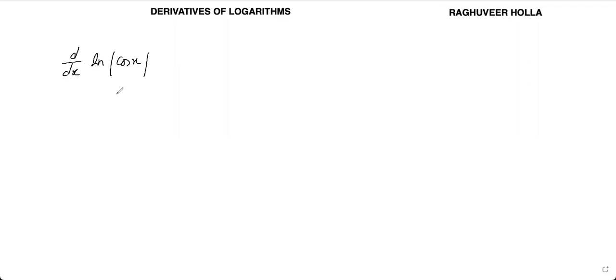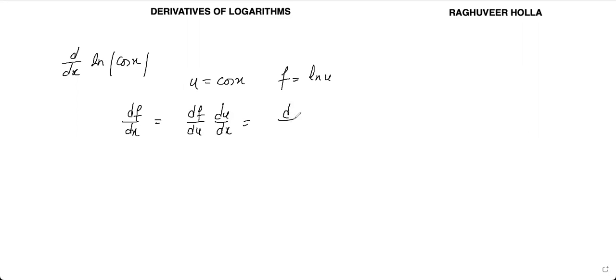Now let us again apply the chain rule here. So u is cos x and f is ln of u. So df by dx is df by du and du by dx, which is d by du of ln u, okay, and d by dx of cos x.